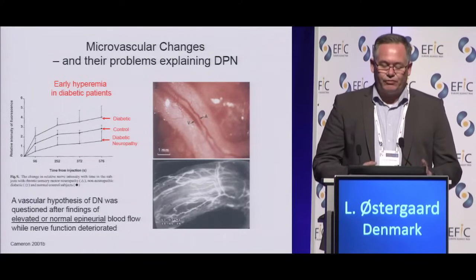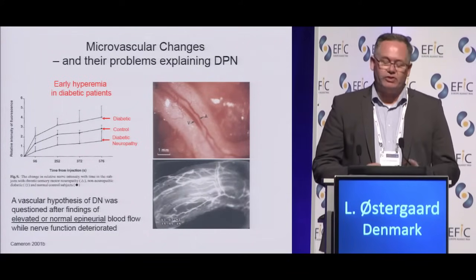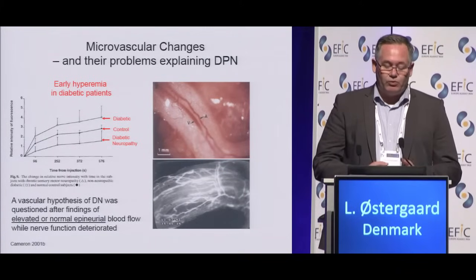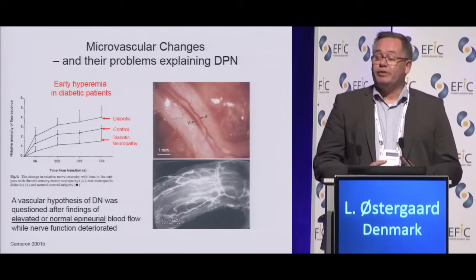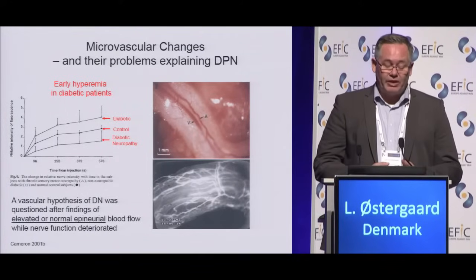And the reason for microvascular problems giving rise to reduced nerve conduction velocity and to symptoms would be that ultimately blood flow would be so low that there wouldn't be sufficient ATP for neuronal signaling.